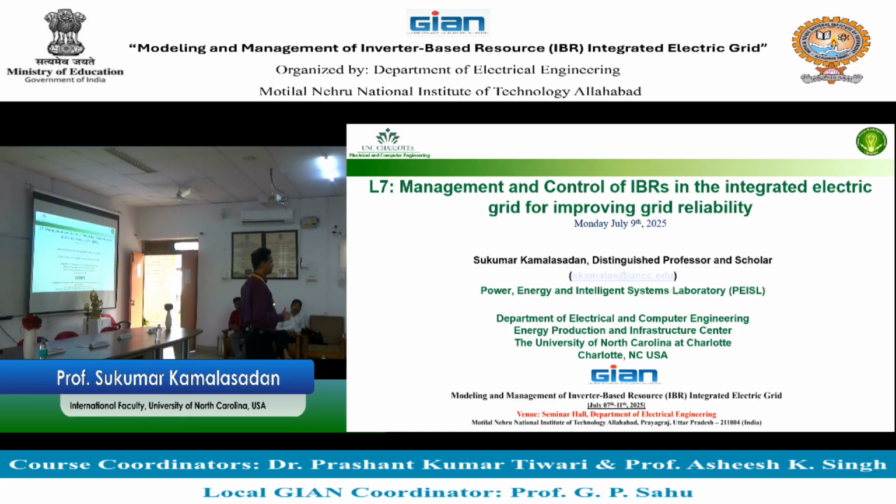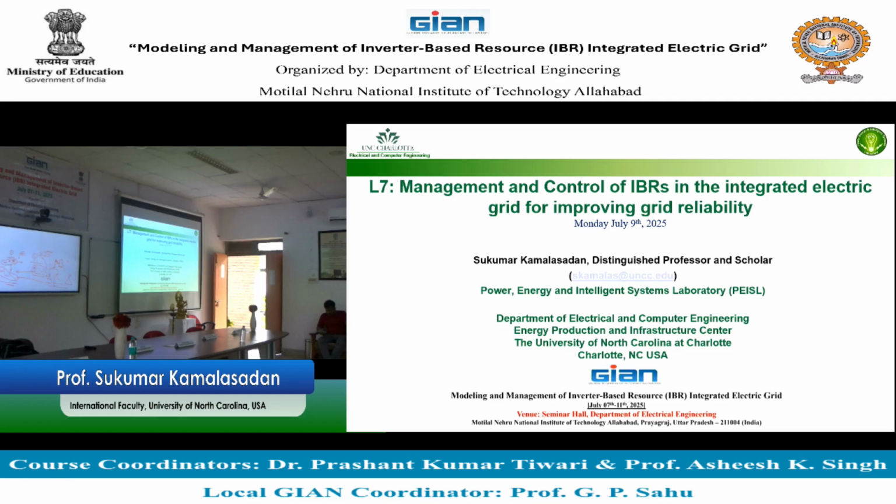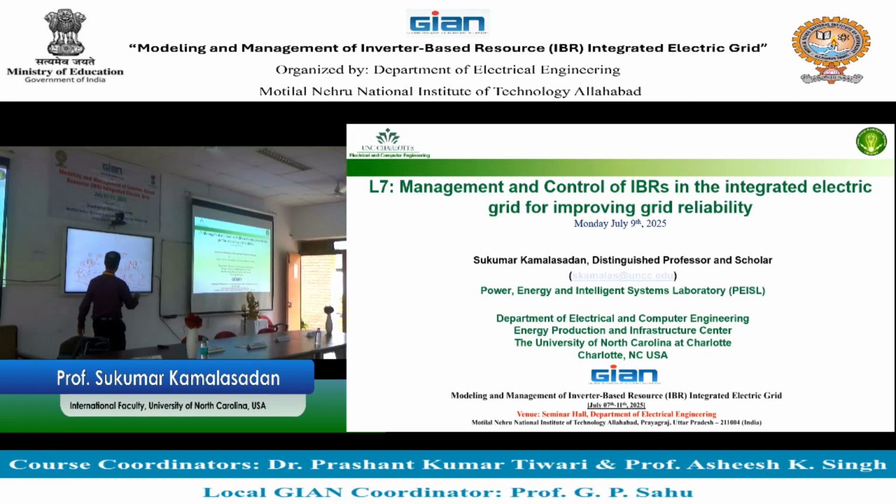How do you control P? The only way you can control P is by making this DER dispatchable. Now this is not dispatchable. Do you understand the difference between dispatchable and non-dispatchable?